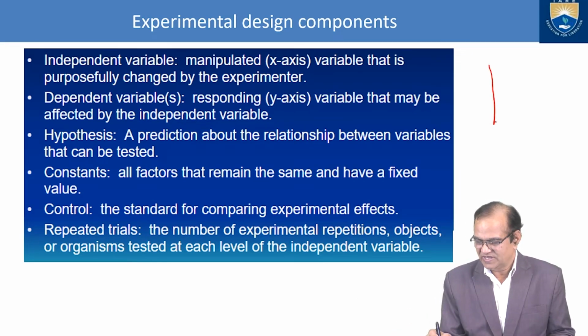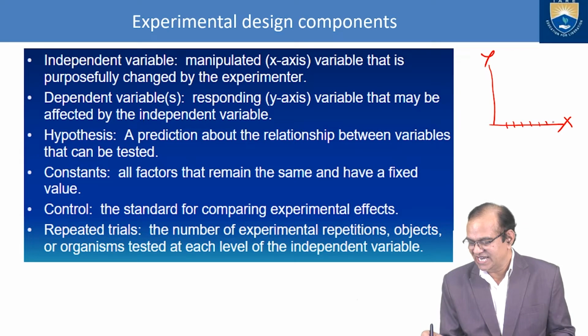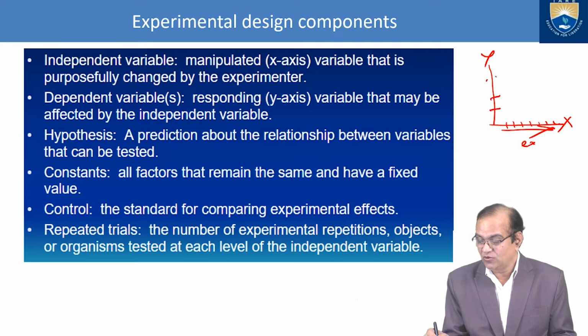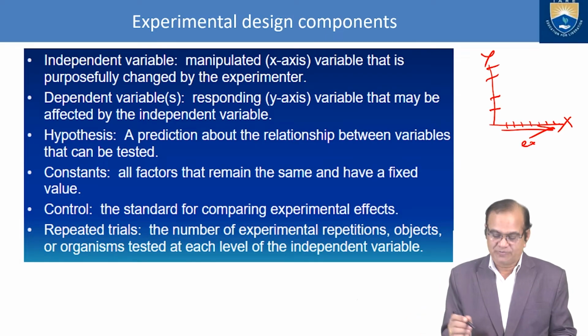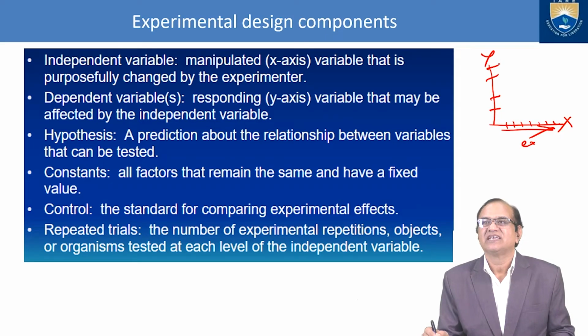If you see here, this is the X and this is the Y. This X is changed by the experimenter, and Y you will achieve. Dependent variables are what? The responding variable, this is the Y-axis, a variable that may be affected by the independent variable.